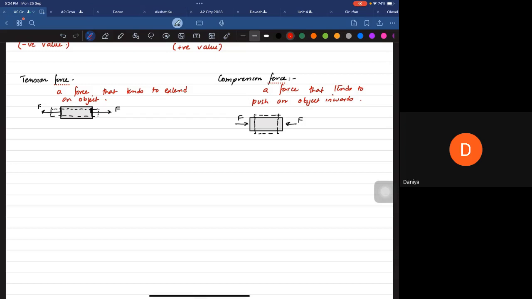Okay. So now, when you apply a force and you cause an extension or decrease in length, which is compression, we can then look at Hooke's law. Hooke's law states that force is directly proportional to the change in length, which we call extension.